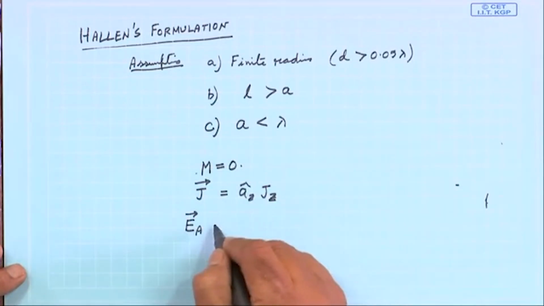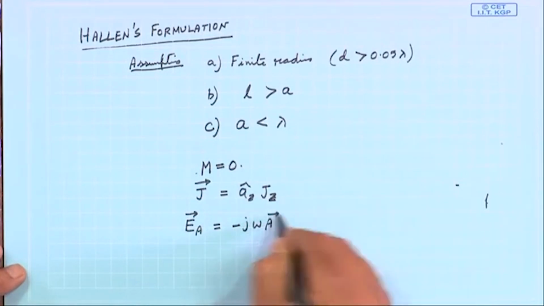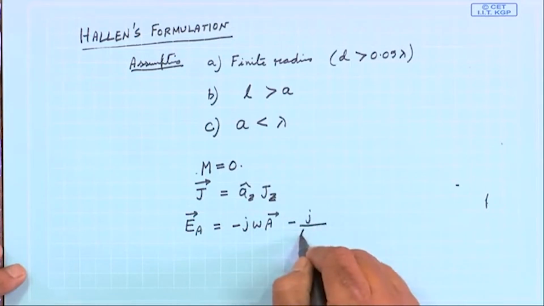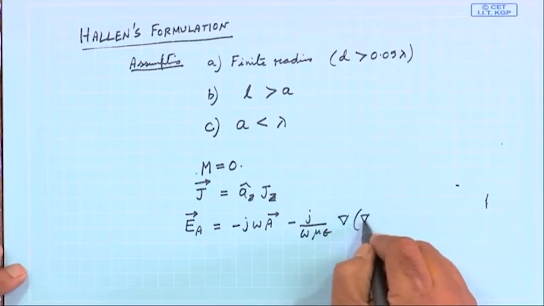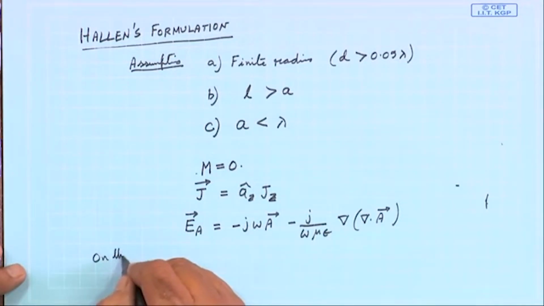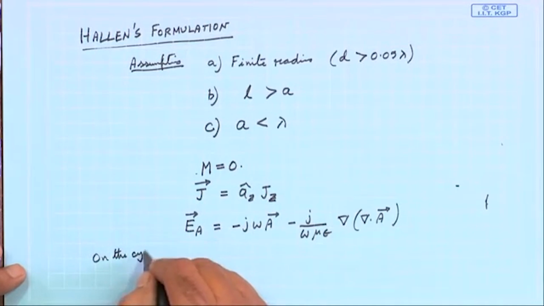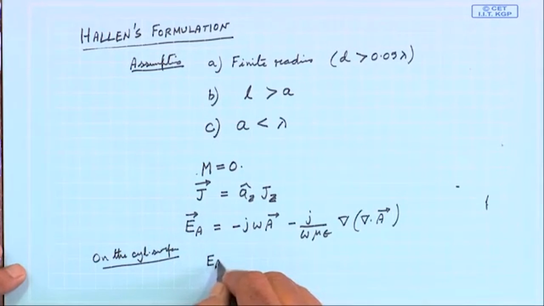So, we can write E^a is equal to minus j omega A minus j by omega mu epsilon del del dot A. On the cylindrical surface, the applied electric field is 0, because we are not applying any electric field there.